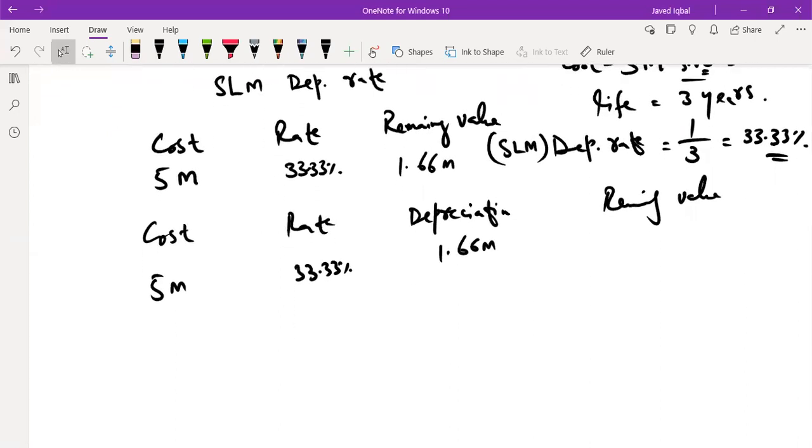And then the remaining value is 5 minus 1.66, which becomes 3.34 million.